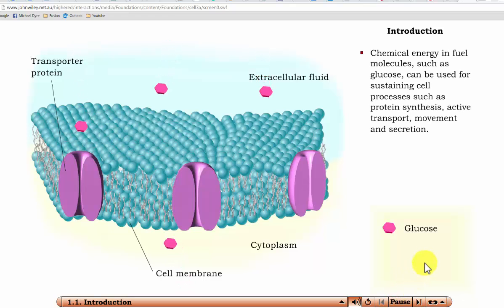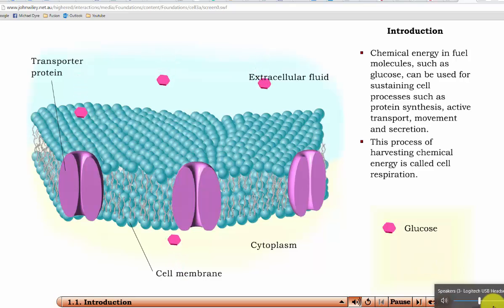All cells need fuel to maintain homeostasis and perform work. The mechanism for harvesting energy from fuel molecules is called cell respiration.